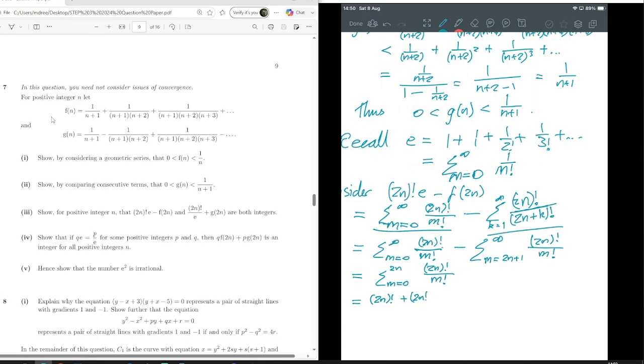Sorry, I think I want to write this as 2n factorial plus 2n minus 1 down to 2, plus 2n minus 1 down to 3, all the way down to just the last couple of terms, which will be 2n and then plus 1 as the final term. And this is just the sum of integers, which is an integer.